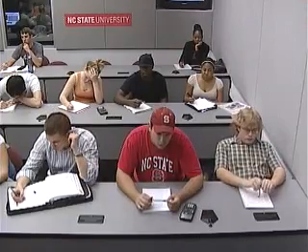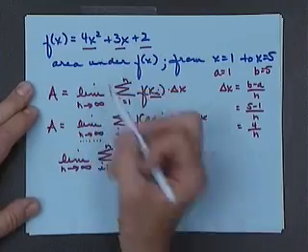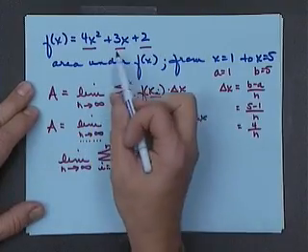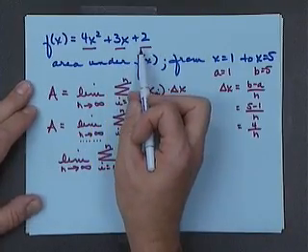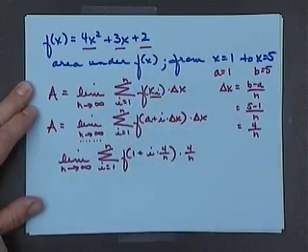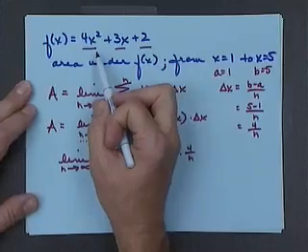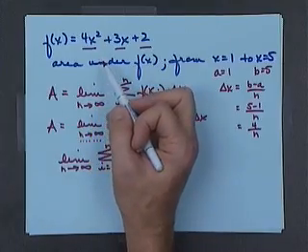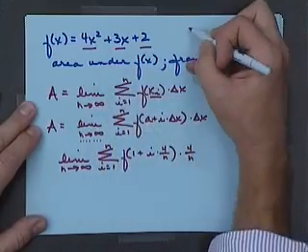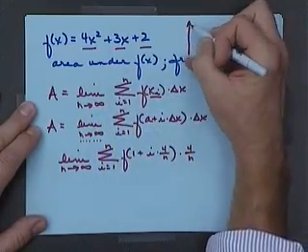Now, how do we make this relevant to this picture? Well, we don't even have a picture yet. What is this thing? Parabola. You could find the vertex by taking negative b over 2a, or taking the first derivative and setting it equal to 0. It's a parabola that opens up.